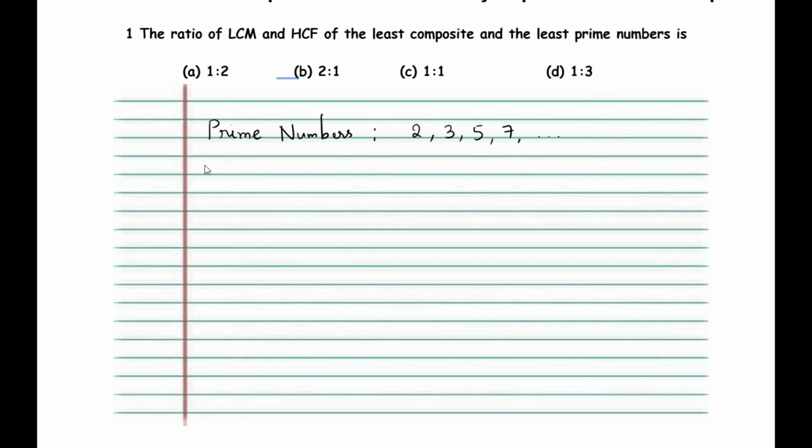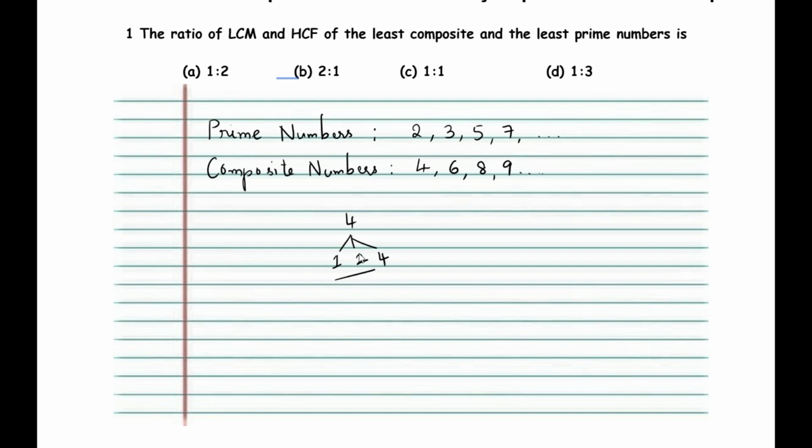In the same way, what do we mean by a composite number? Composite numbers are those numbers which have more than 2 factors, for example 4, 6, 8, 9 and so on. If you take the number 4, it has factors 1, 2 and 4.